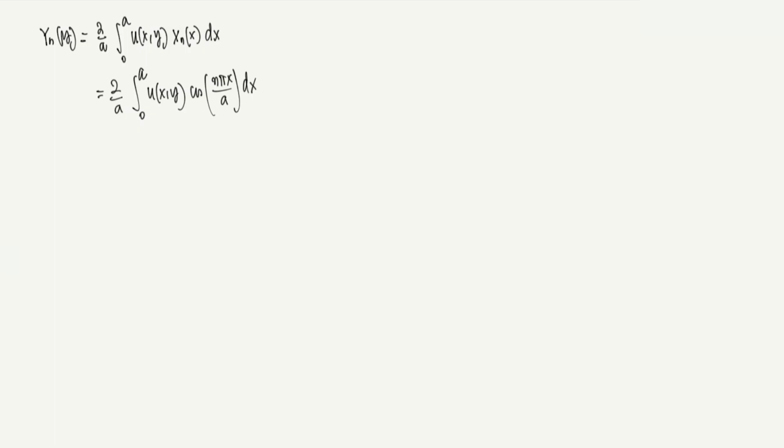Okay. So now you see, if you have the original equation, the first equation, Laplacian of u equals 0. So we are multiplying that equation by 2 by a cosine n pi x by a, and integrating with respect to x from 0 to a.